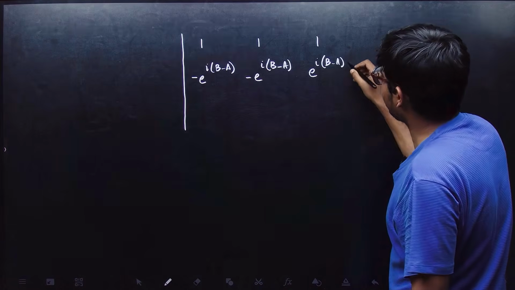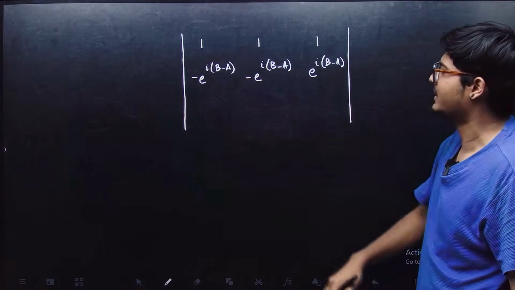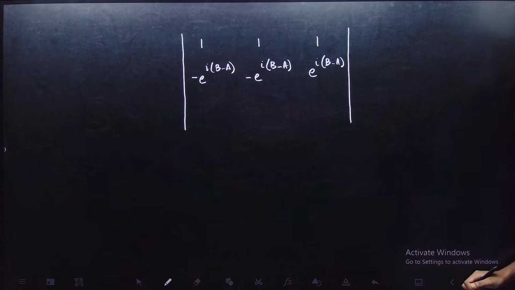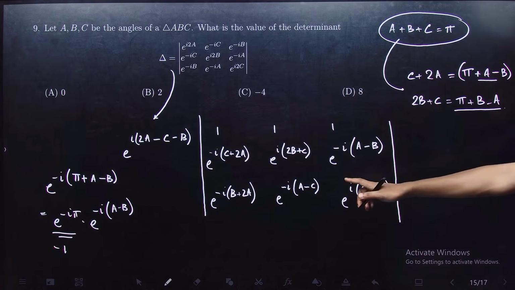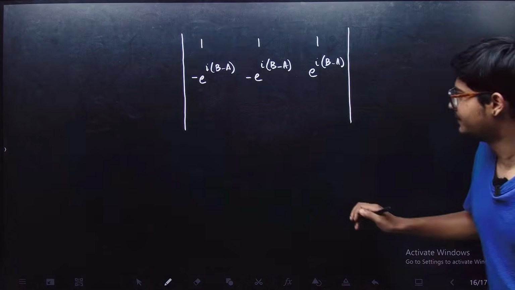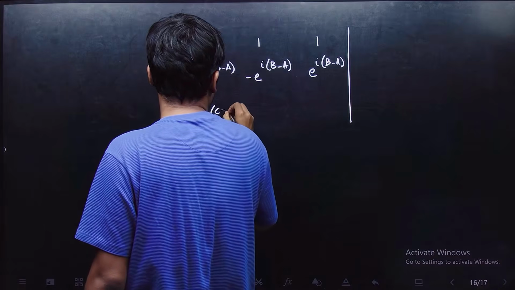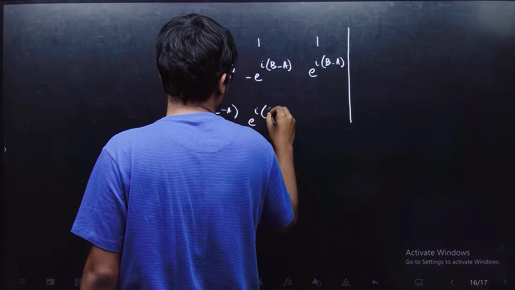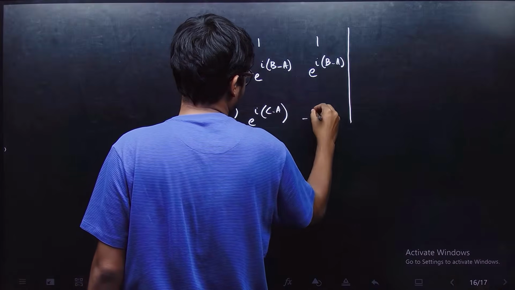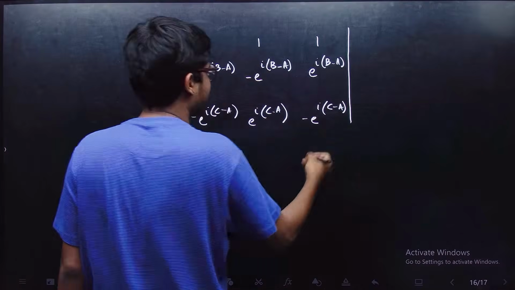So this entire row, you can see that you have this term that's common, e to the power iota b minus a. Similarly, if you do it for the third row, in the same way, you'll see that all these terms will be minus plus minus e to the power iota c minus a, by the same logic.